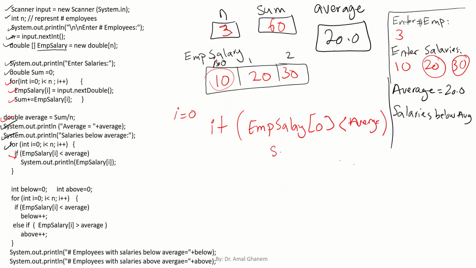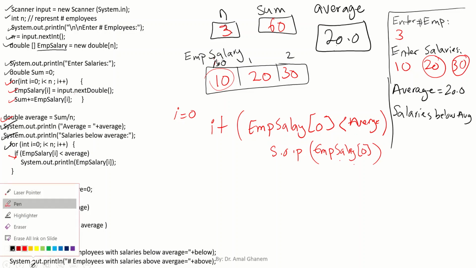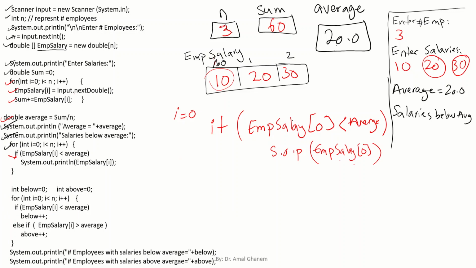If this is the case, you have to say System.out.println the same value, which is employeeSalary at location I, which is location 0. So let's try to find if this is correct or not. Because I is 0, I'm saying go to location 0 and get me the salary.